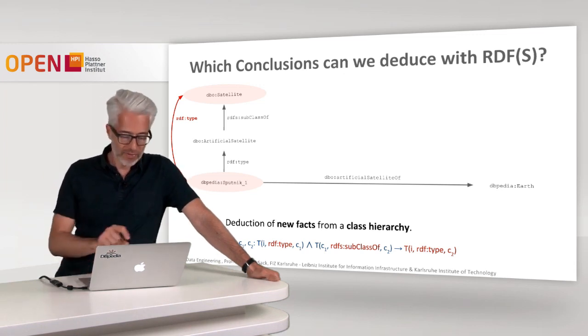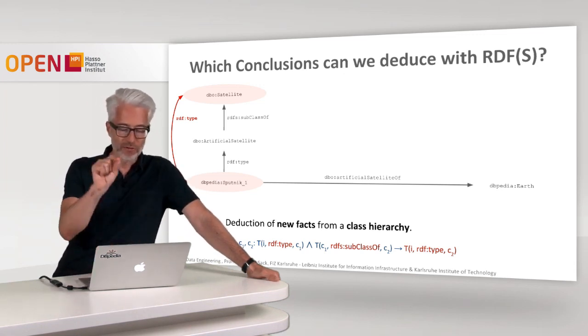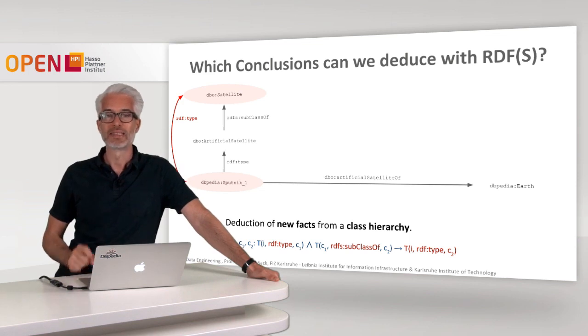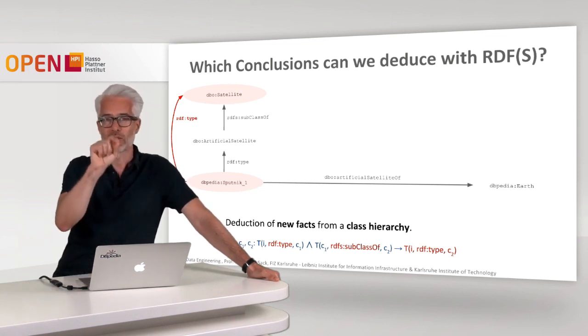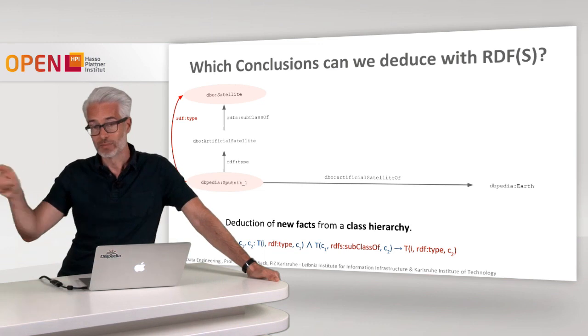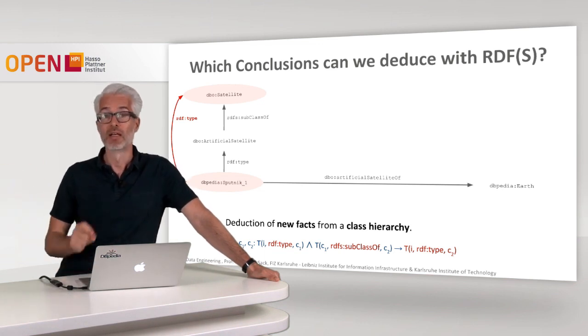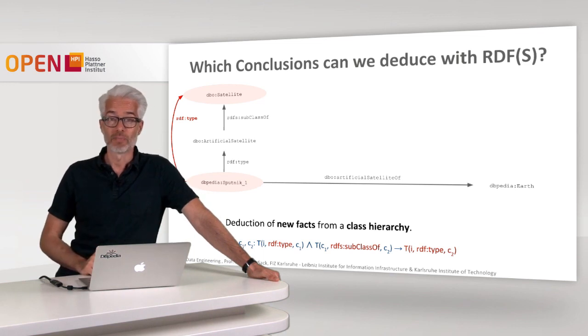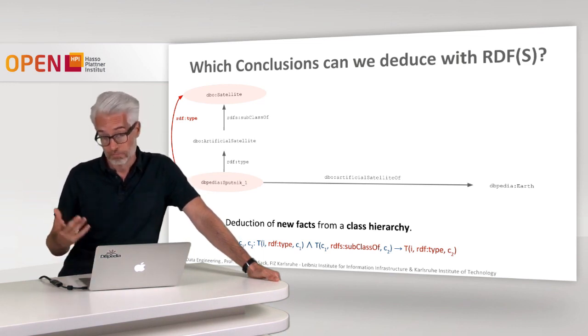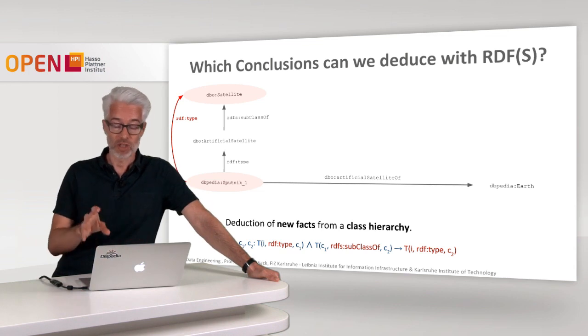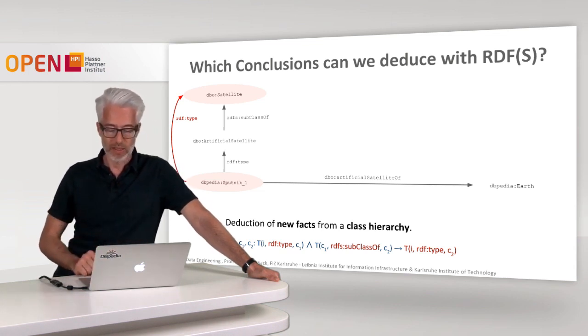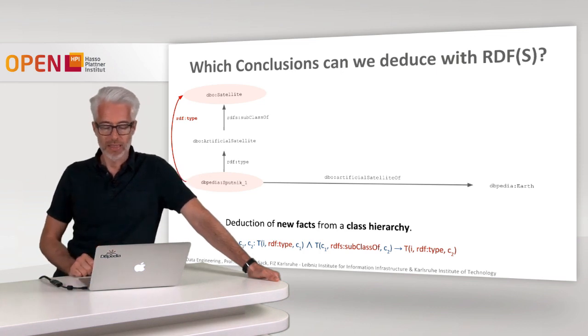So I say if there is a triple that an instance I is of type C sub 1 and C sub 1 is a subclass of C sub 2, then, this is a mathematical implication, it holds that I is also of type C sub 2. This would be the mathematical expression of how I can deduce new knowledge and how I can make sure that the subclass relationship exactly holds.